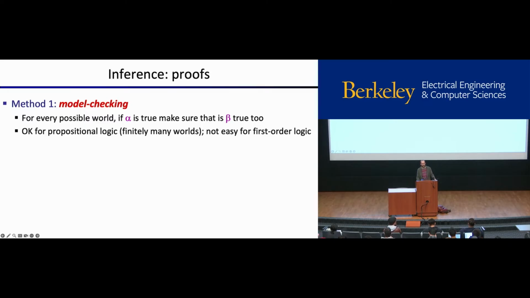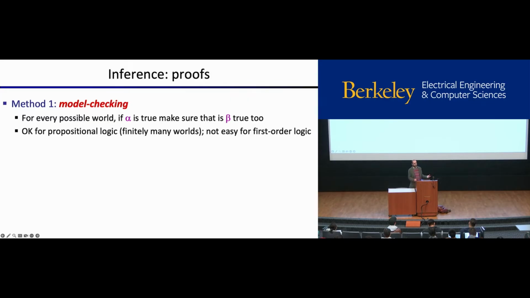So model checking is you look at, let's say you want to decide whether A entails B. You look at every single possible world where A is true. And then in each of those possible worlds, you check whether B is true. If it is, then it's entailed, and if it's not, then it's not.